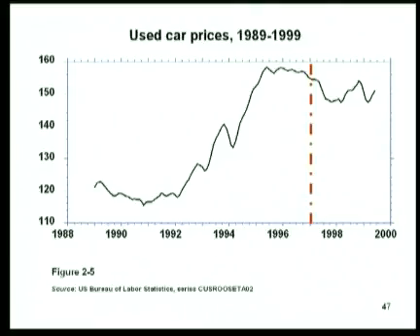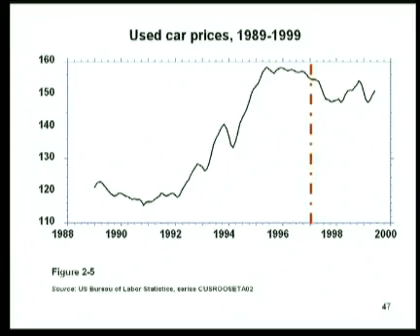Well, let's see, used car prices from 89 through 99. You can see that there was a significant fluctuation out there in 1997. Things started falling off again. It rose significantly, though, clearly from 90 through 96, and the dynamics here are interesting, I believe.